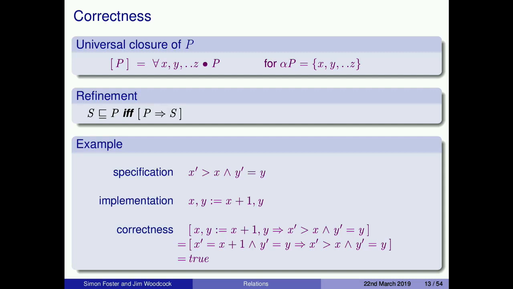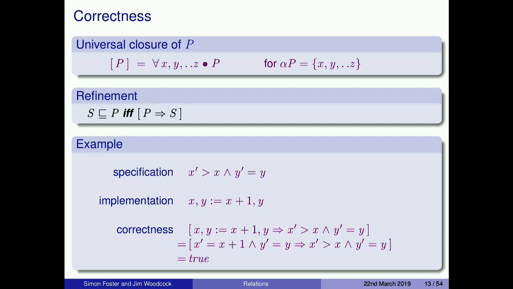And so then we denote that like this. So P implies S. So every behavior that P can give us is a behavior of S, right? Which is, of course, what you want in a specification, right? So your specification will typically be non-deterministic. It will give you a whole load of possible behaviors, like this one, right? So that predicate that I wrote down over there, x primed equals x, there's a whole load of programs that could implement that.